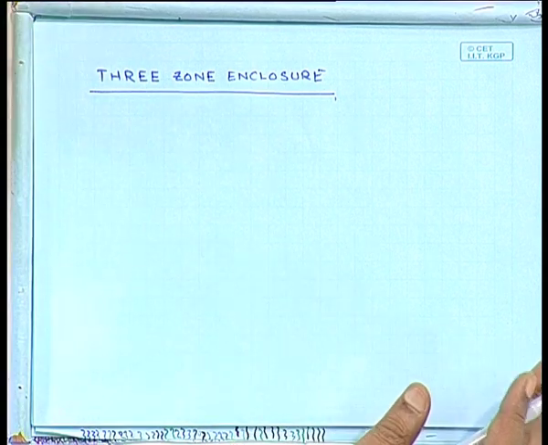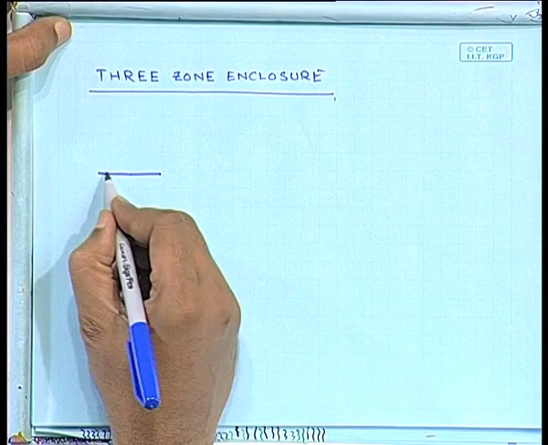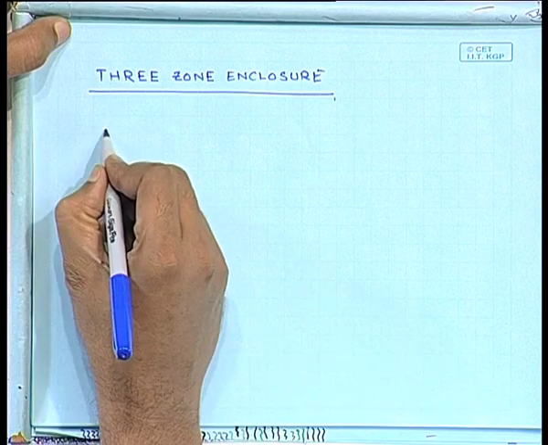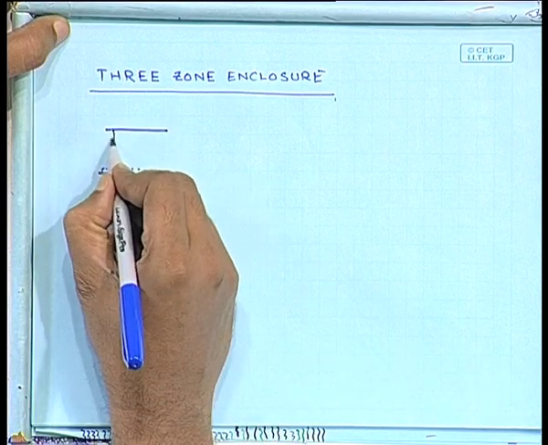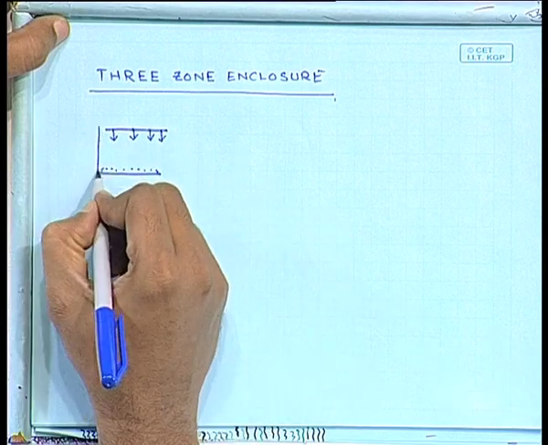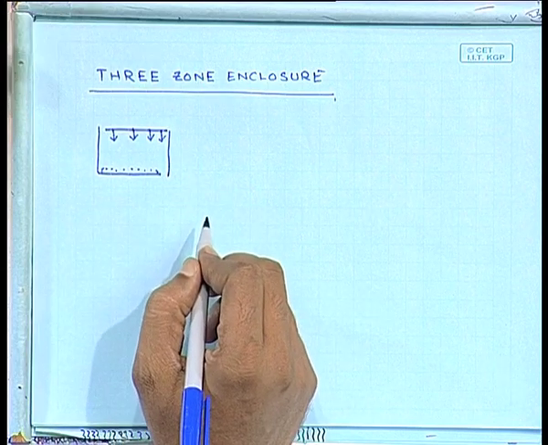A 3 zone enclosure: a surface of a furnace, it's enclosed, one surface is where you would like to heat the object. So, you put the object that you would like to dry on this surface. This is the surface where you are adding some amount of electrical energy, and you form another surface which does not take part in it, but which forms the enclosure. That's what you can think of as the simplest enclosure problem.